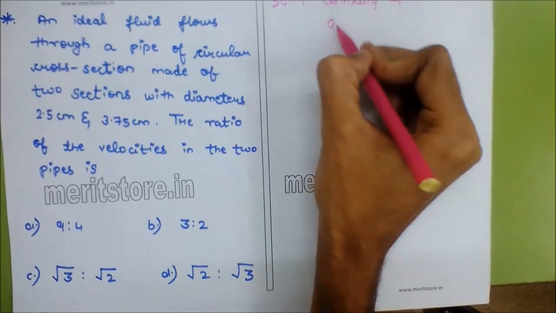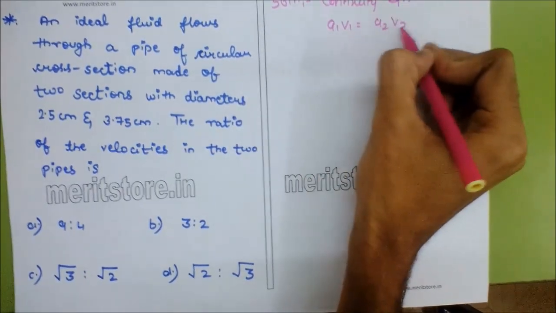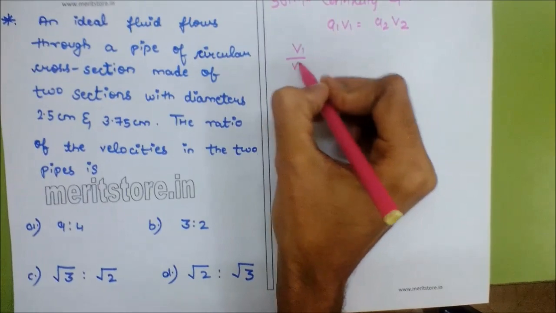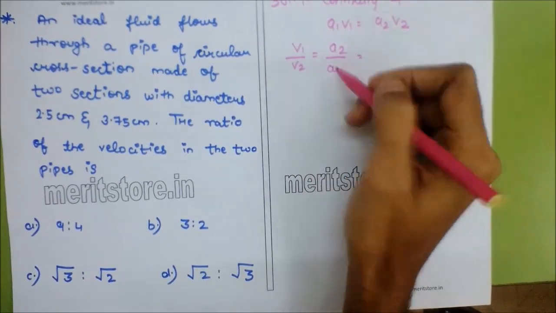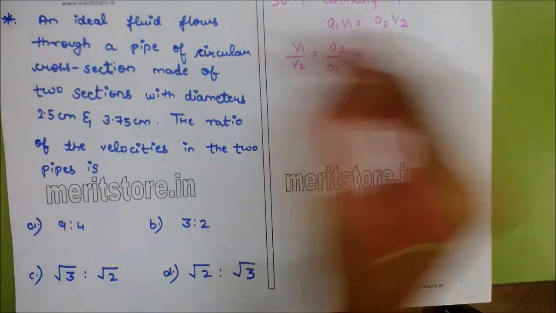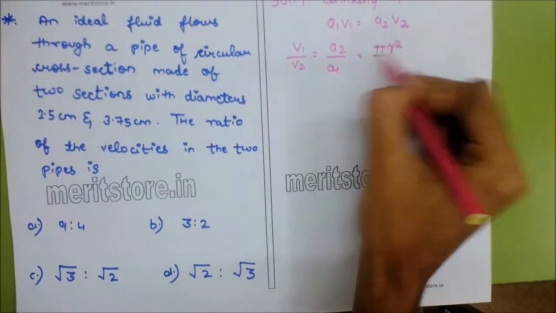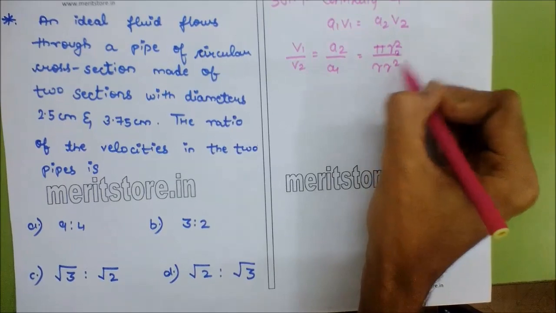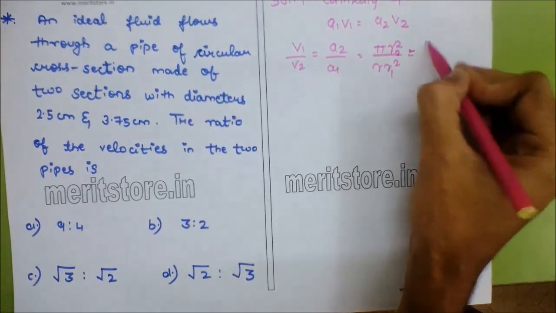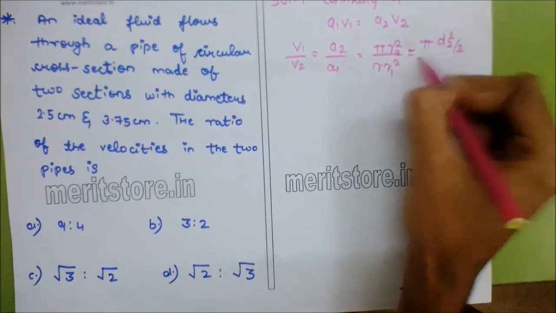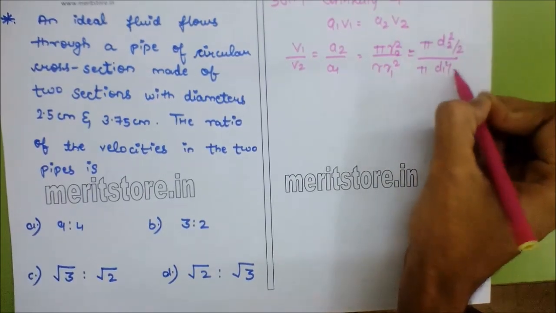equation we have A1 V1 is equal to A2 V2. So we will take the ratios: V1 upon V2 is equal to A2 upon A1, where A is the cross section area, which will be pi r square, with the radius being half of the diameter. So pi d2 square by 4 upon pi d1 square by 4.